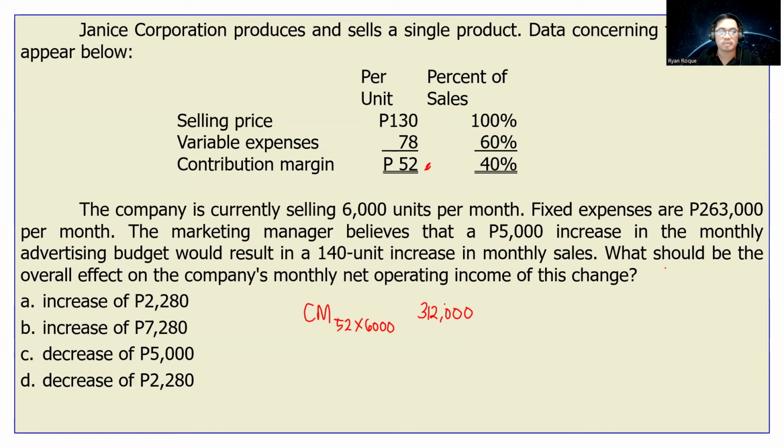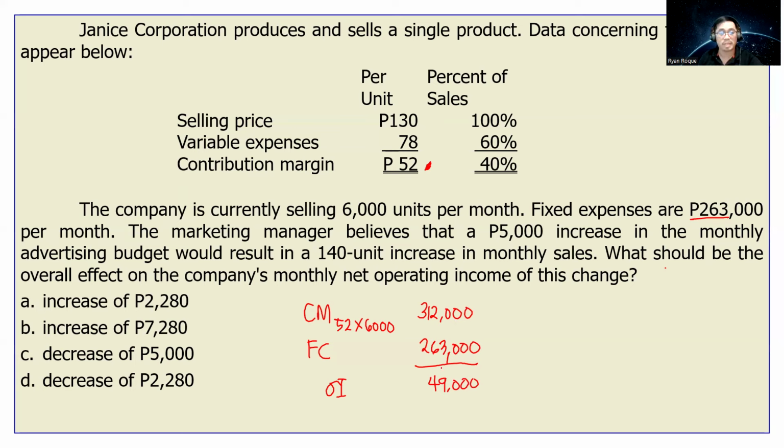You don't need to start from your sales because it's already given here. So 52 times 6,000 units. And then you deduct the fixed cost. And fixed expenses are 263,000 per month. So you just have to deduct 263,000 here, and you will get the operating income at present of $49,000.